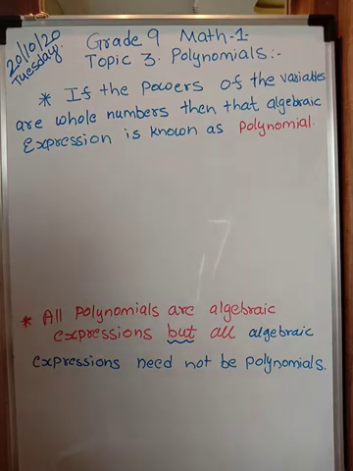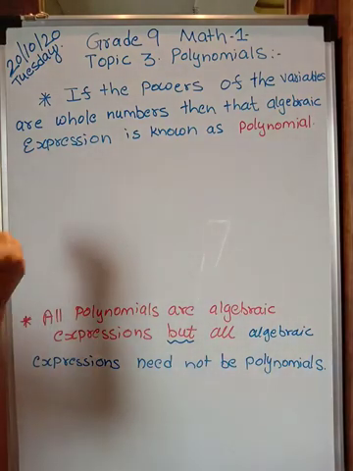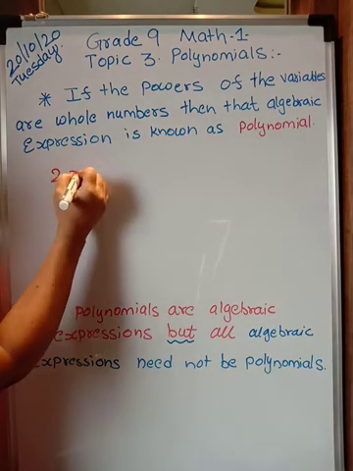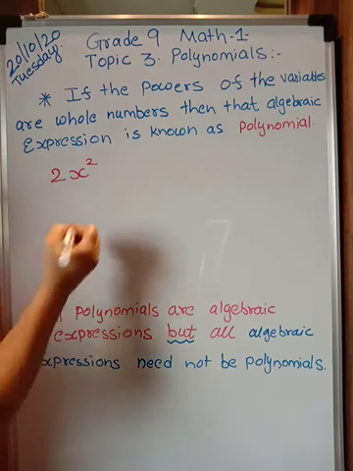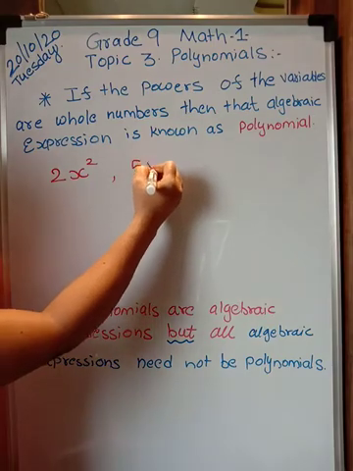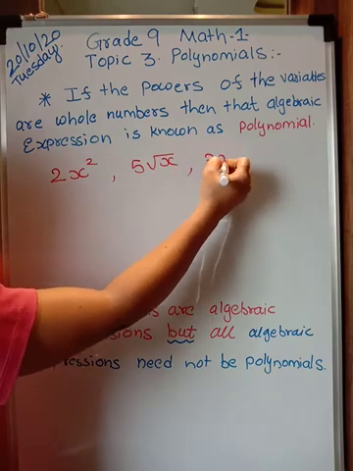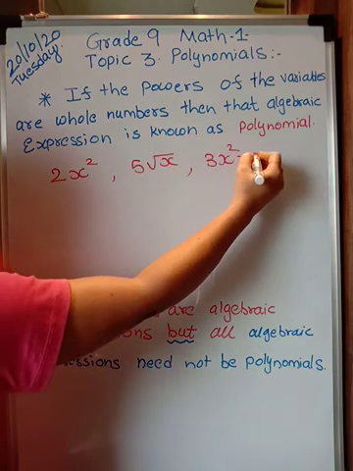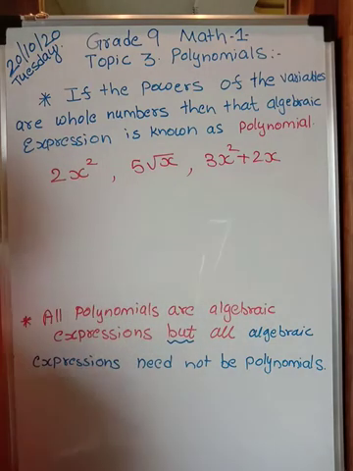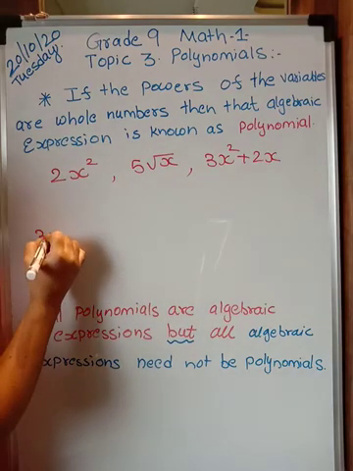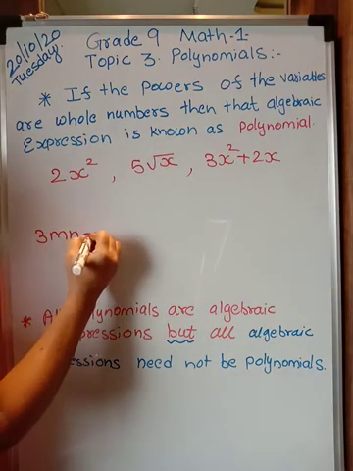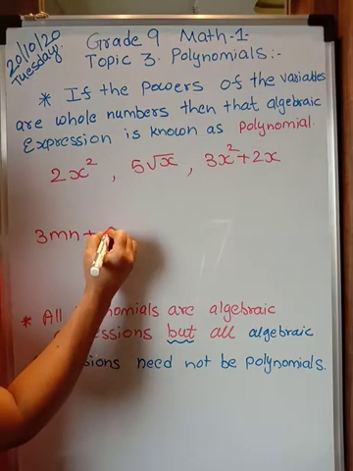Now what is an algebraic expression? It is nothing but a combination of numbers, variables, and signs also. For example, if I write 2x square, or 5 root x, I may write 3x square plus 2x, or I may write 3mn plus 6.